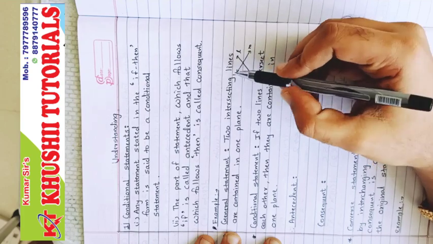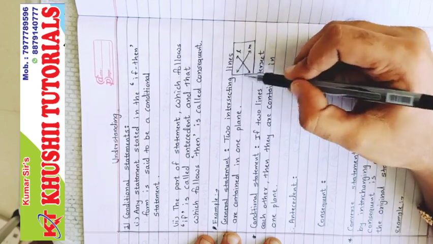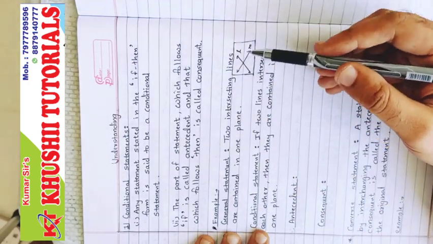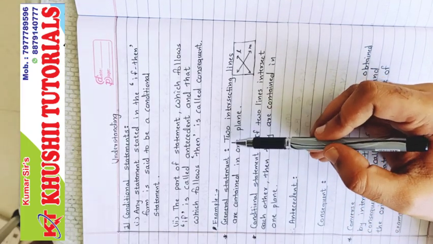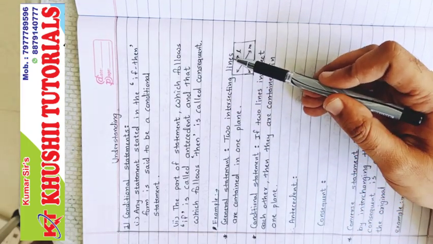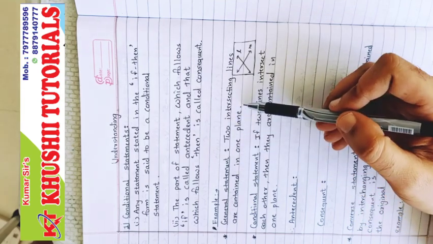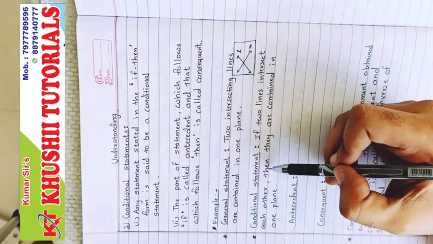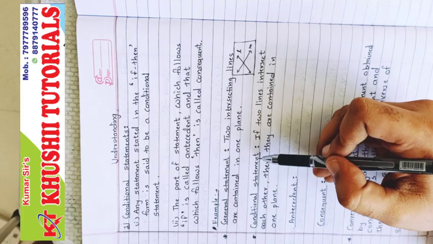They are contained in the same plane, in the same square or any flat surface called a plane. Now the conditional statement: if two lines intersect each other, then they are contained in one plane. This is a conditional statement.